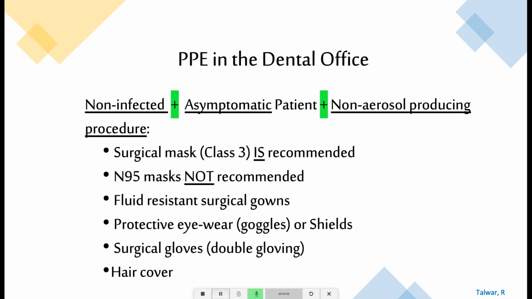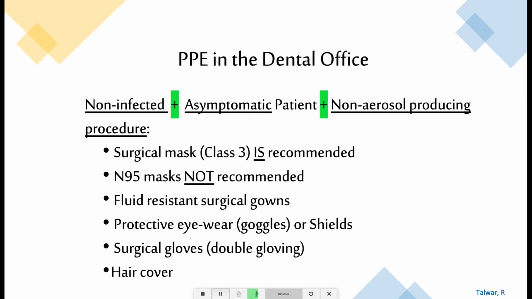So non-aerosolizing procedures are what I'm trying to aim for in emergency care right now, which is simple extractions, using gauze pressure for hemostasis, minimizing the suctioning, minimizing any sort of irrigation, if not eliminating it altogether, and biopsies for patients with suspected cancer lesions only. Things like that are what's going to fall into emergency care at this time.